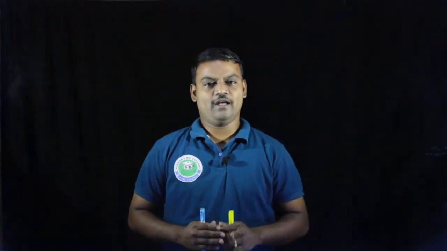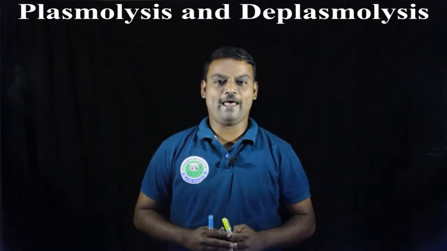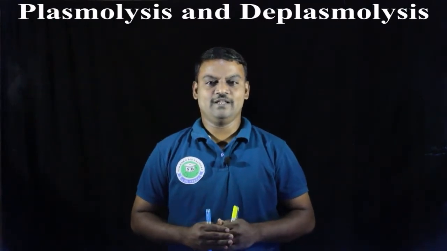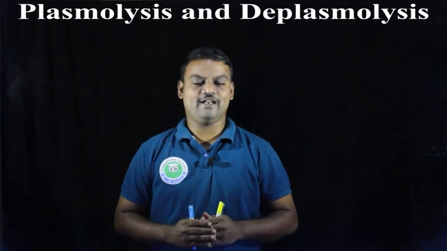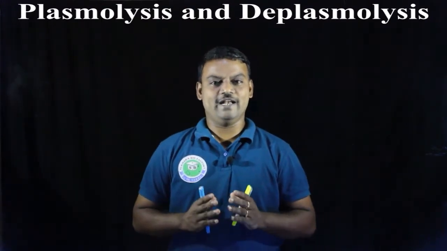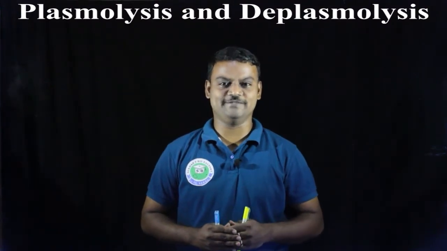In this video, I am going to explain the plasmolysis and deplasmolysis phenomenon. The behavior of a living cell regarding water movement always depends on the concentration of the surrounding solution.